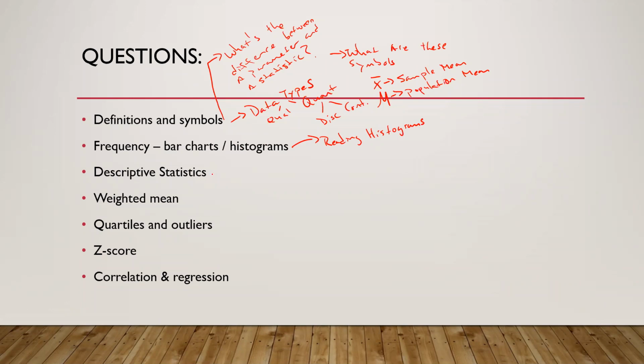Then there'll be a question on descriptive statistics: given a data set, find the mean, mode, median, range, variance, and standard deviation. The good news is you can just use your calculator to do this.